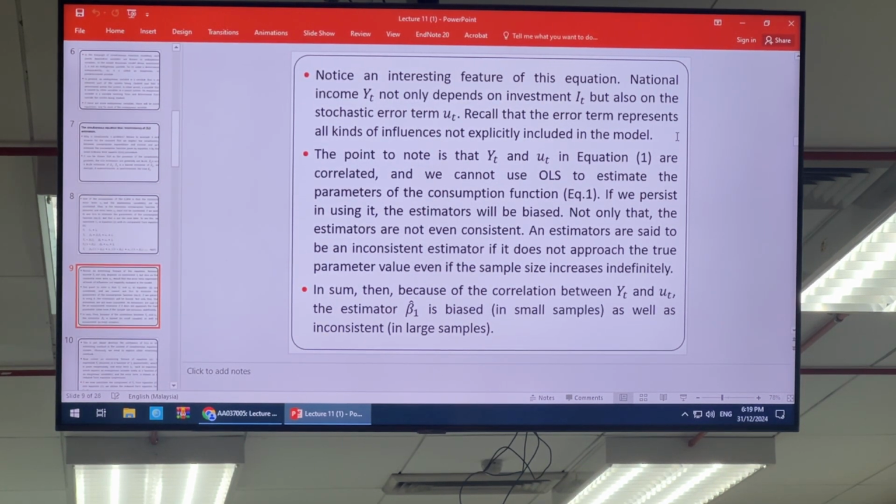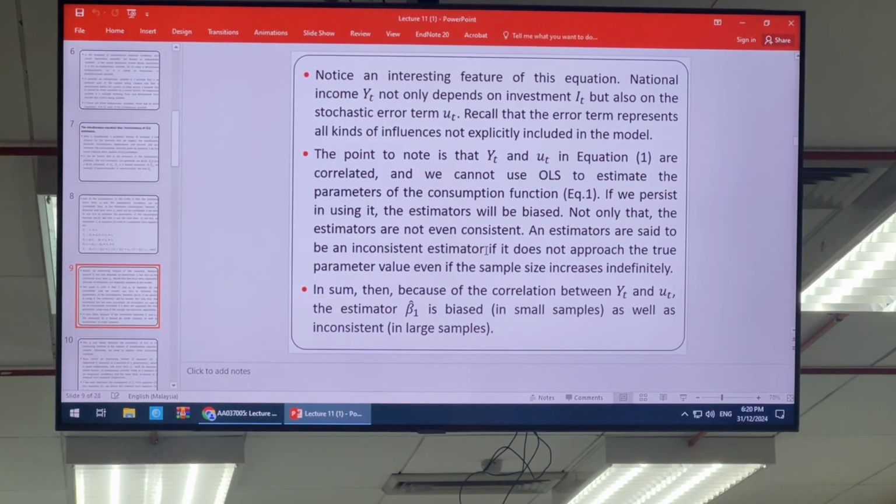An estimator is said to be inconsistent if it does not approach the true parameter value even if the sample size increases indefinitely. Consistent estimator means that as we increase the sample size, the chance for us to get an estimate equal or close to the true value is higher.